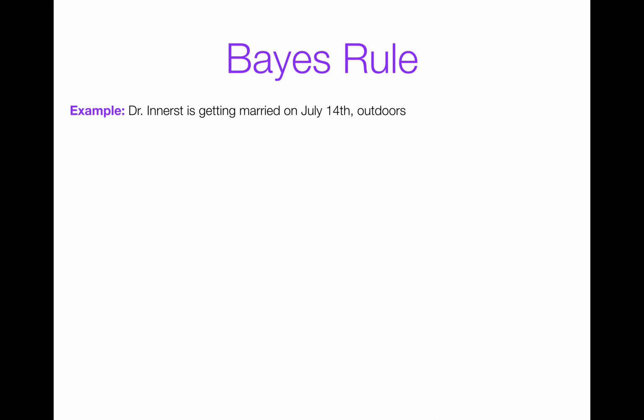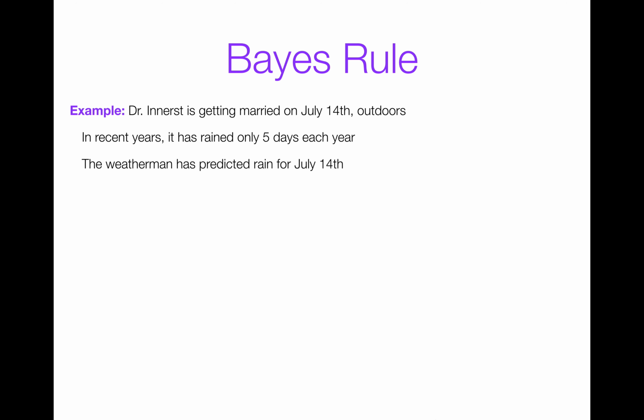So in this example, I'm getting married, and I'm doing it on July 14th, and I'm doing it outside. So I'm very interested in knowing whether or not it's going to rain. I know that in recent years it has only rained about 5 days out of the year where I'm getting married. And I also know that the weatherman has predicted that it's going to rain that day.